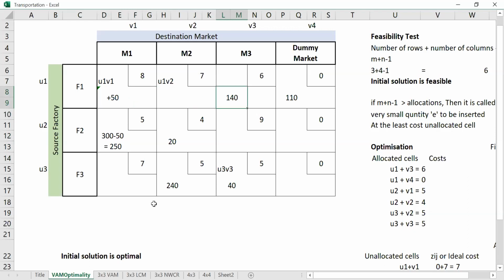Coming here, the supply from factory 1 should also not go beyond 250. I've already added 50 in that row, so I'm reducing it here to 90. Because we added 50 here, we are reducing it somewhere else in the row and somewhere else in the column.